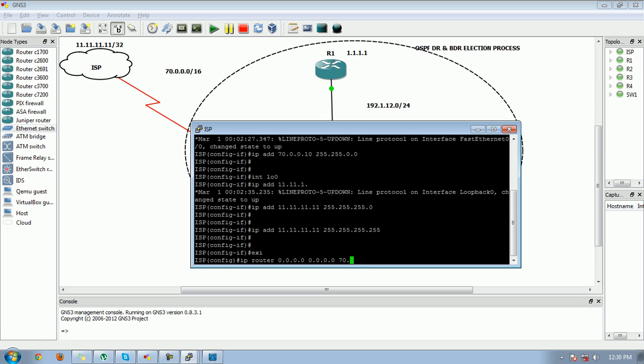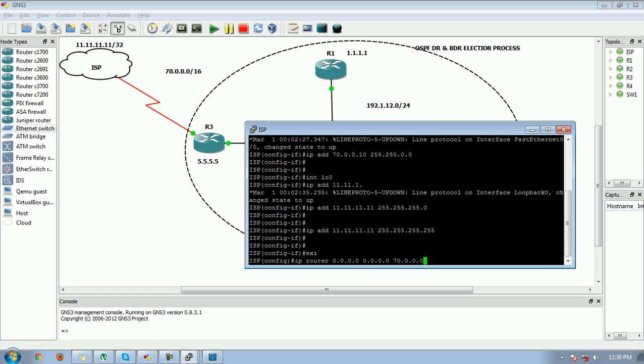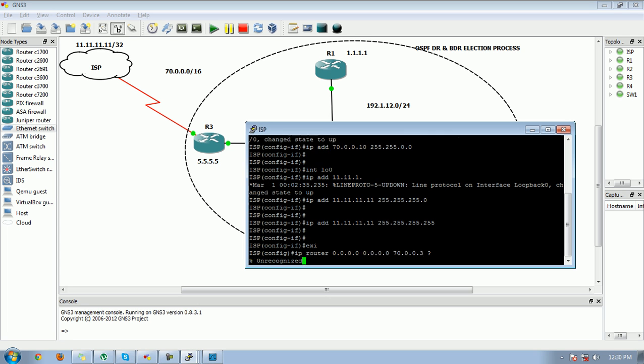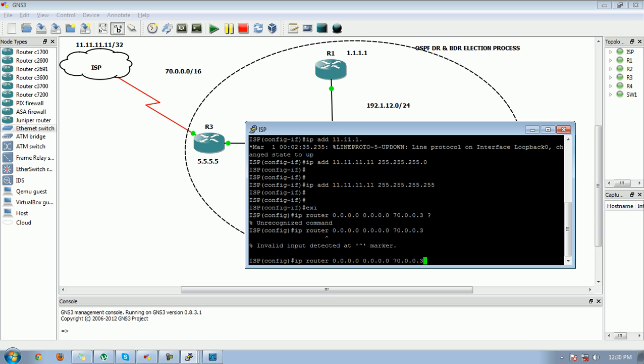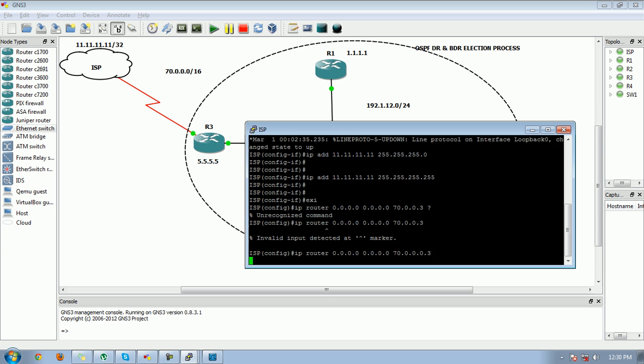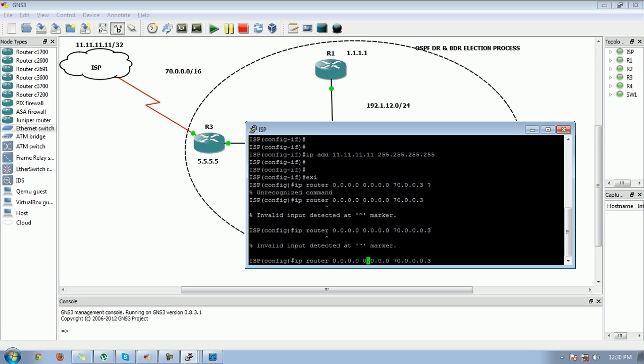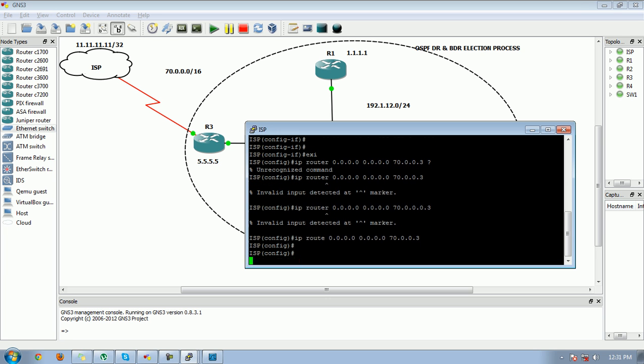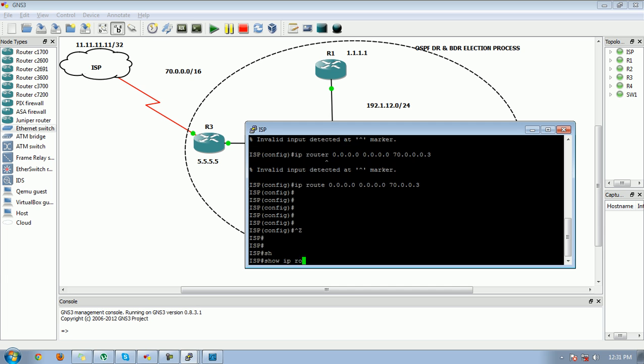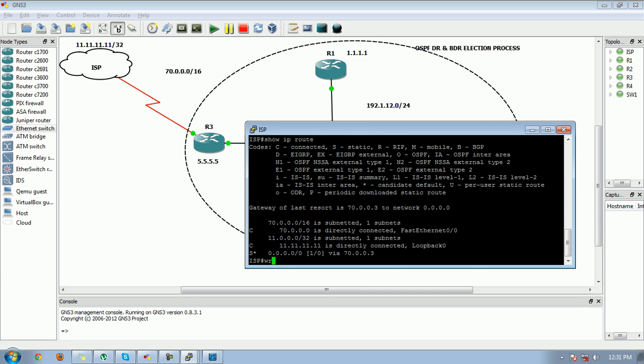So 70 dot, yep, subnet mask default route. I'm giving 32 subnet mask. Okay. Show IP route or static route.